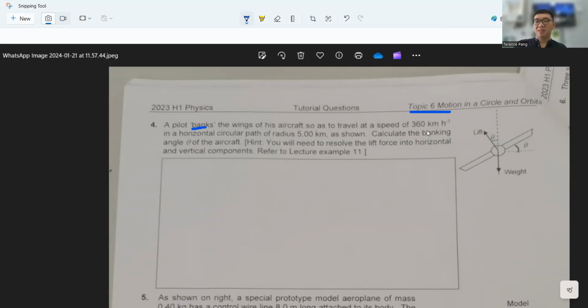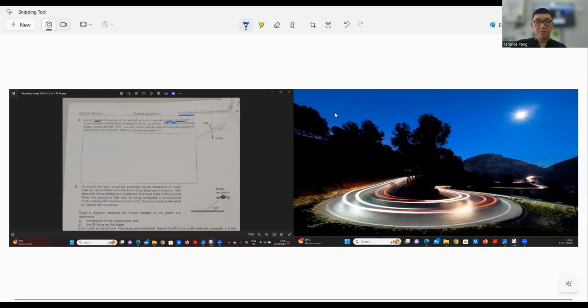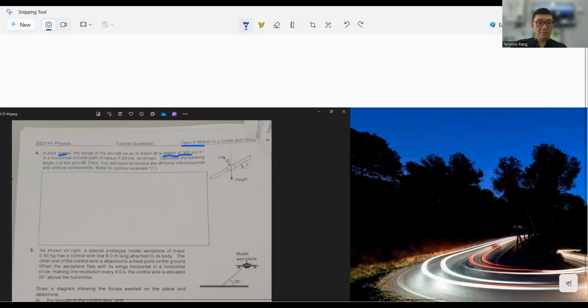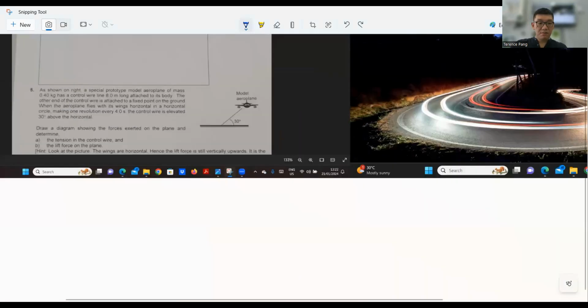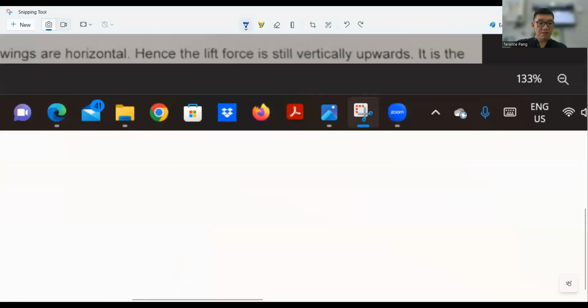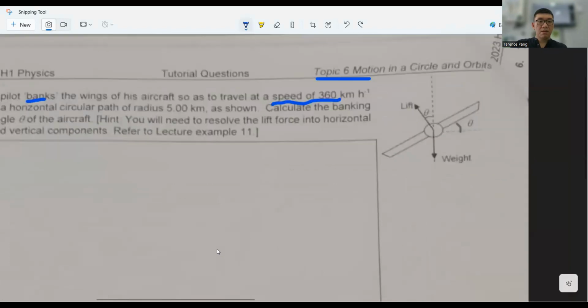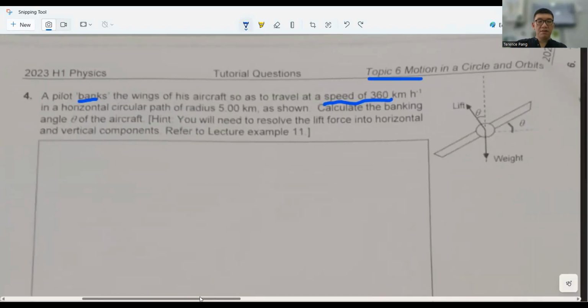What are you given? Speed of 360 kilometers per hour.